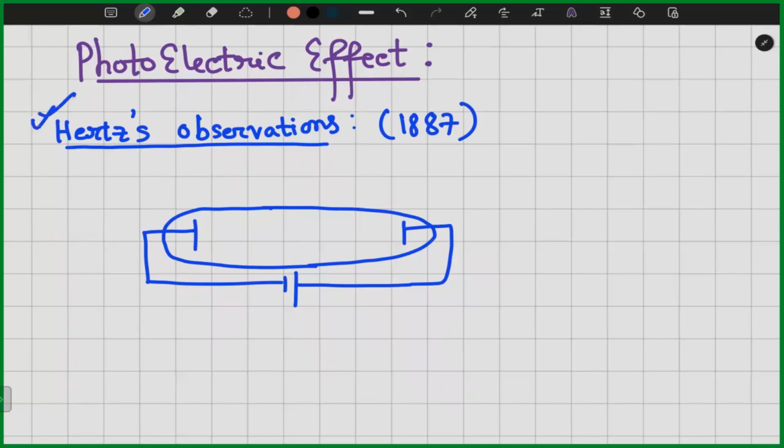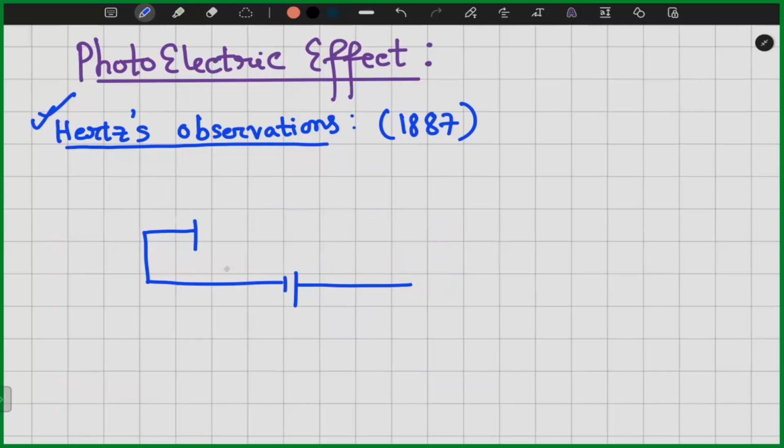Einstein explained the photoelectric effect, but in 1887 it was discovered by Hertz during some electromagnetic wave experiments. So the setup is not exactly like this.